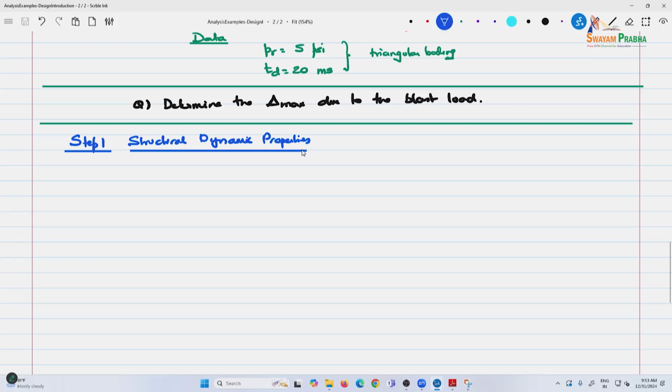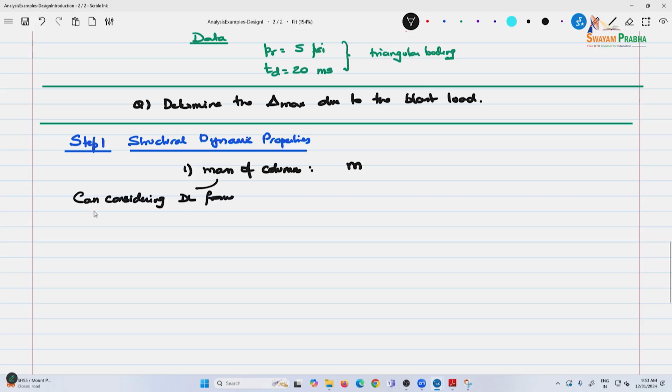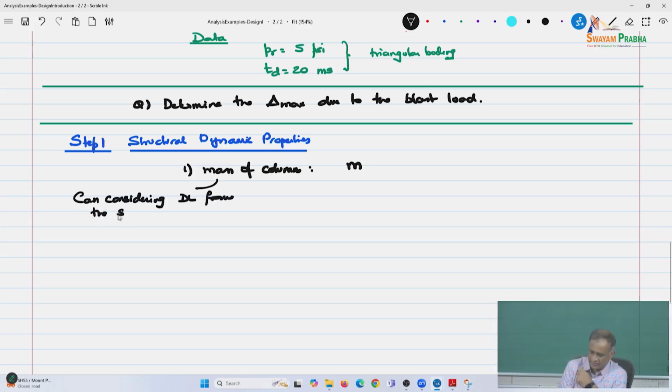So, the structural dynamic properties, we start with the mass of the column. In a beam we saw that we could take the slab weight directly. In the mass of the columns you can consider the dead load from the supported slab.